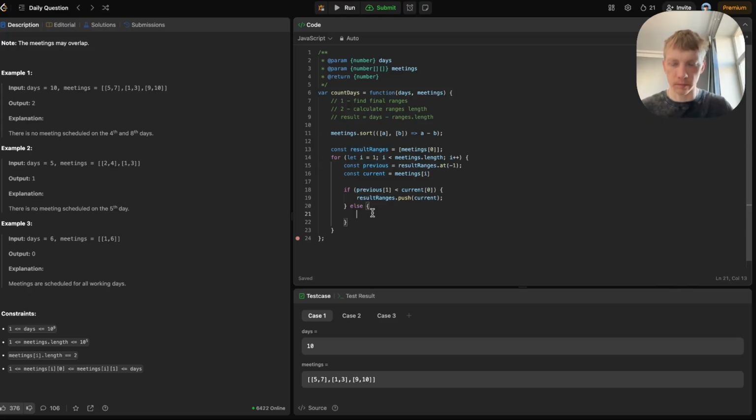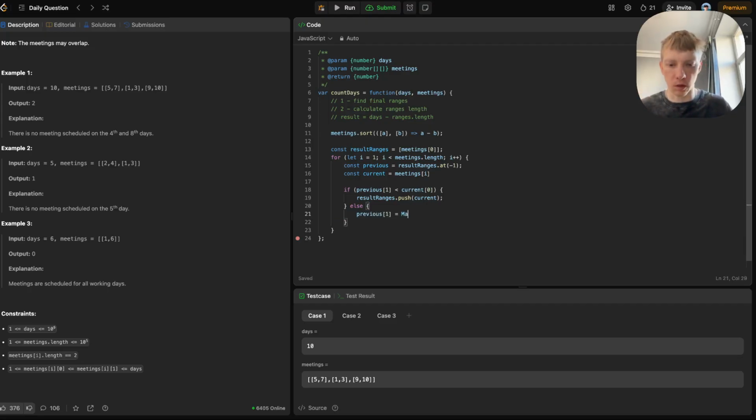Then result ranges previous[0] would be equal to current[0]? No. Previous[0] will not be changed.